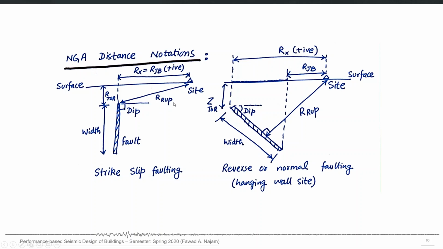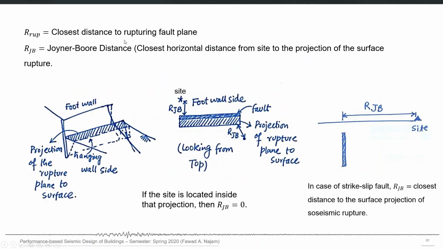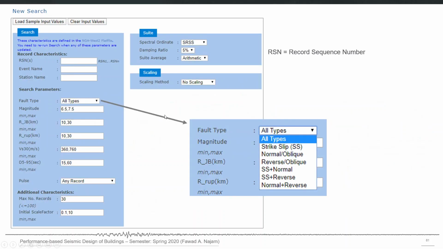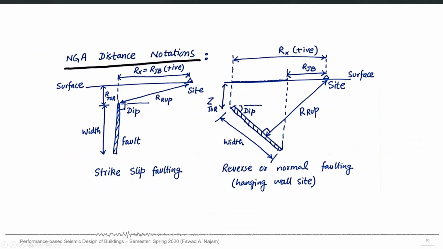So R rupture is very clear. It is the closest distance to the rupturing fault plane. If the rupture is inclined, then it is perpendicular to that plane. If the rupture is vertical, then it is from the top of that vertical plane up to the site.